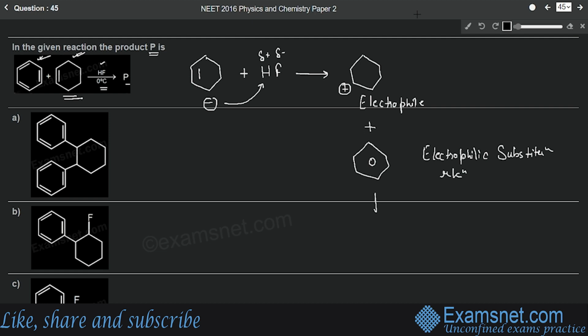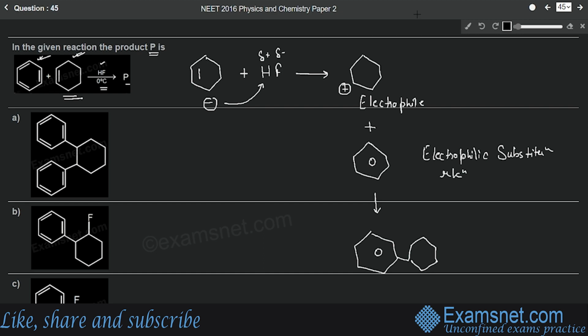So the final product that we'll get is this benzene ring plus the substitution of cyclohexyl, like this. So two rings will get attached.